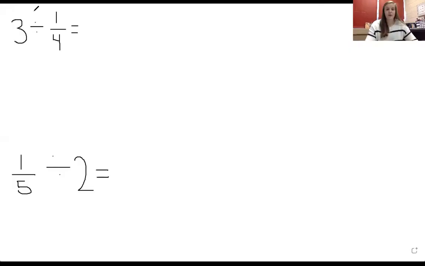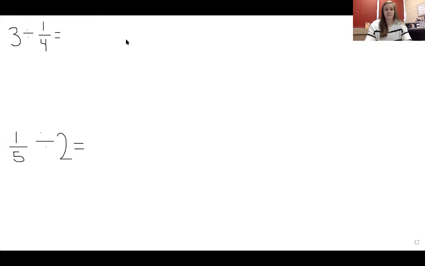So, in order to do that, I am going to pull up our little whiteboard on the screen, and we are going to get some practice. If we keep in mind our acronym KFC, which I am just going to change that color right over here on the side for us, KFC. That means we're going to keep the first number, flip the second number, and change the division sign to a multiplication sign.